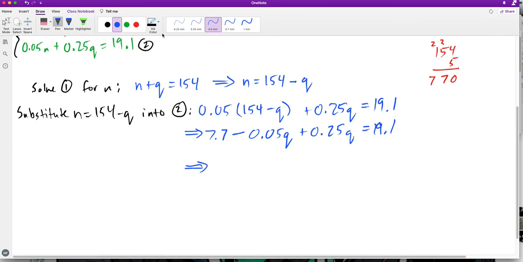Okay, so let's go ahead and combine these like terms here. So this is 0.20 or just 0.2q.